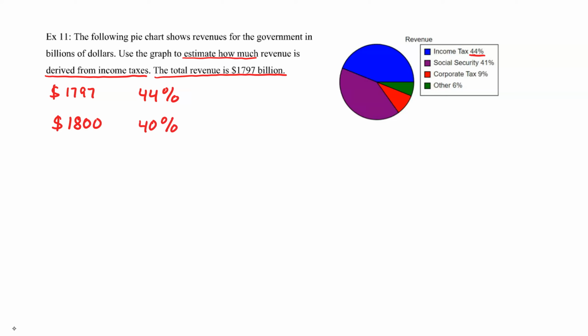And then from there we can multiply 1,800 times 40%, which as a decimal is going to be 0.4. And so that would give us a total of $720. Okay. So that concludes our notes for section 1.3.